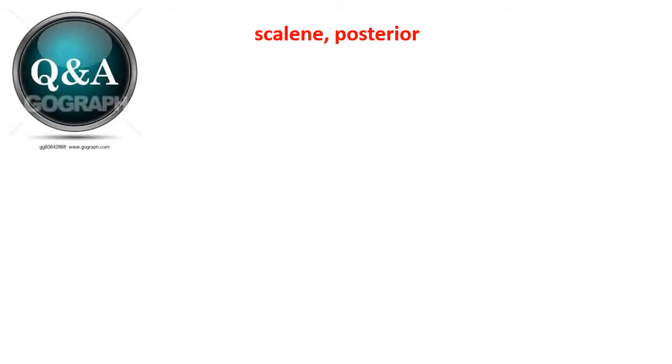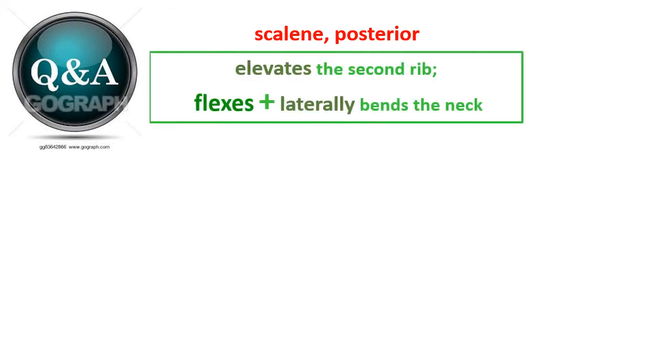Let us collect data about the scalenus posterior by asking ourselves questions and answering them. It elevates the second rib, not the first rib as the other two do, and it also flexes the neck laterally.